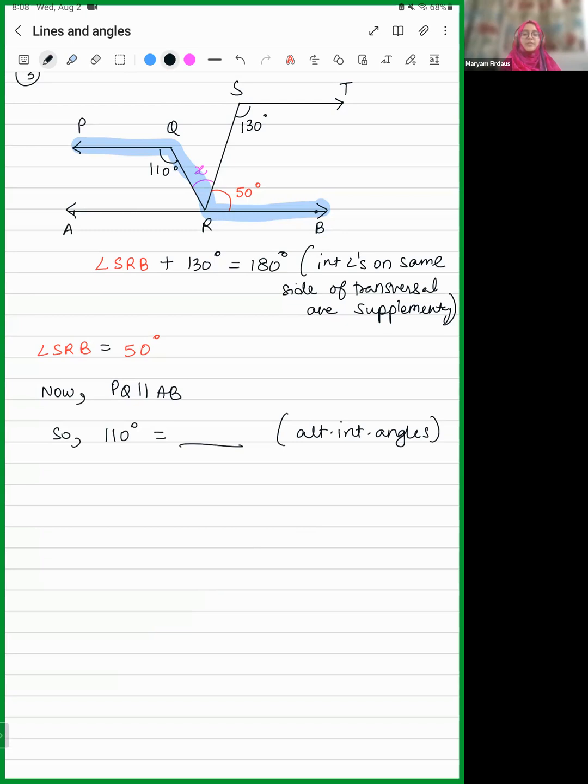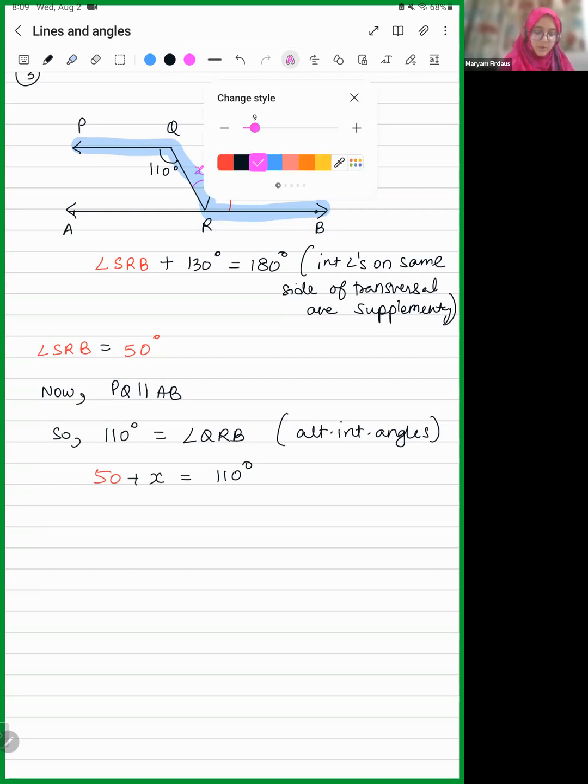Angle QRB is 50. Zen, can you tell me what is angle QRB equal to? 50 plus X. Very good. So we will write 50 plus X gives us 110 degrees. Is that okay? Yes. All right.